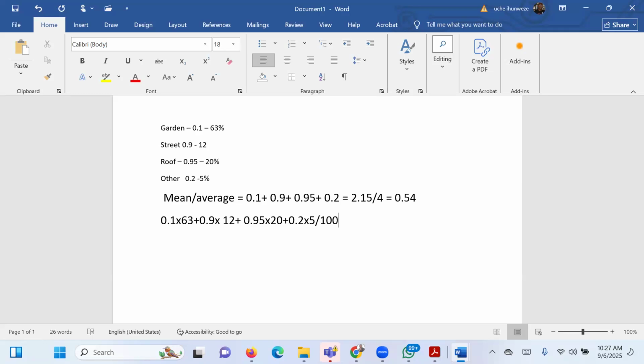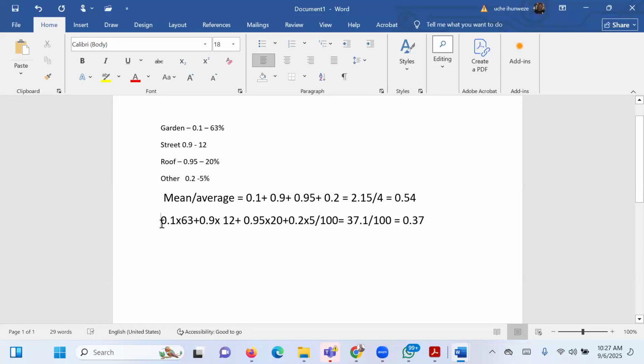It will give you 37.1 divided by 100, which will give you what? 0.37.